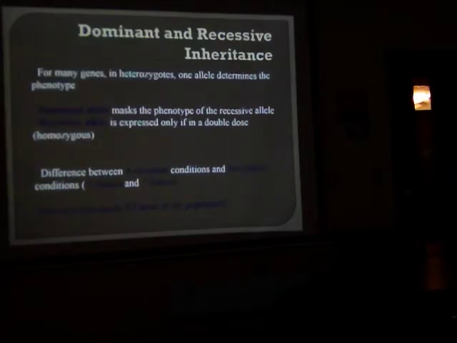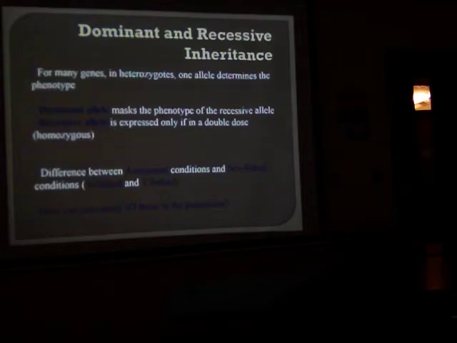Now, when these alleles get together in the zygote, how do they influence each other? Of course, if they're the same allele, the influence is not going to be a big deal. But if they're different alleles, then we want to figure out how that influences the trait.